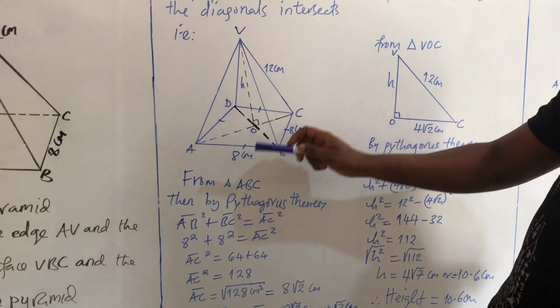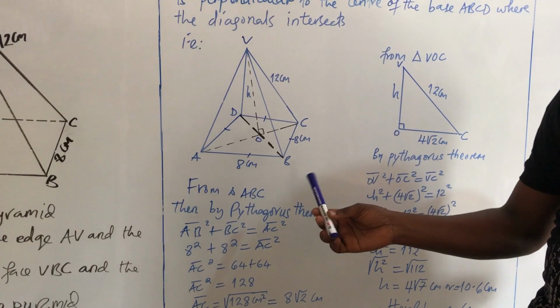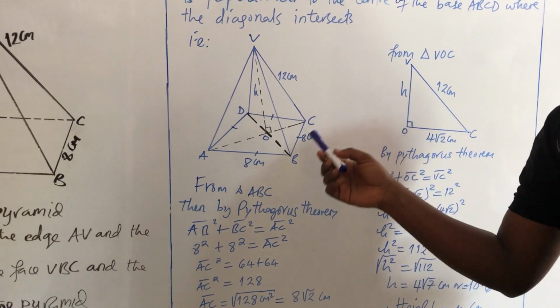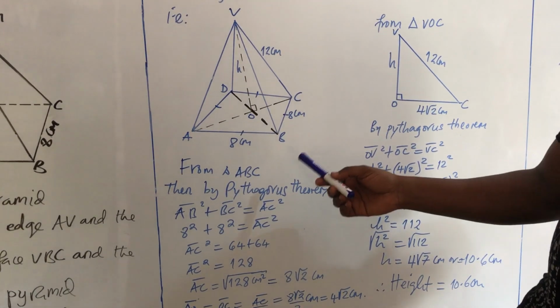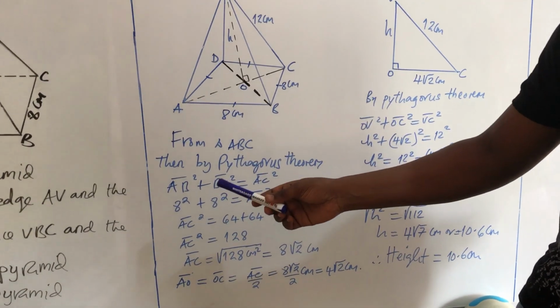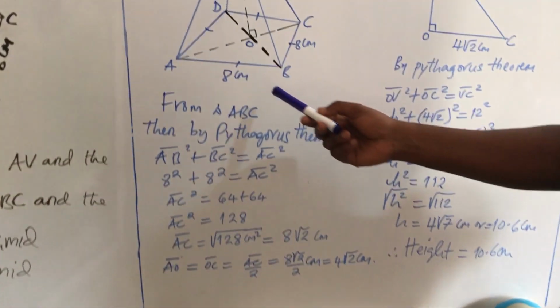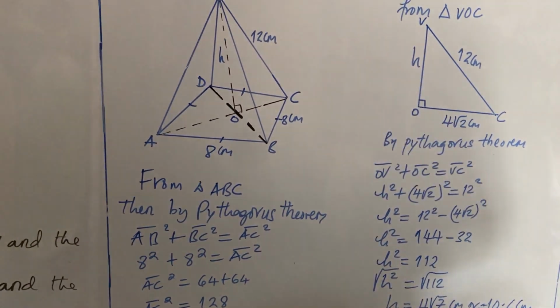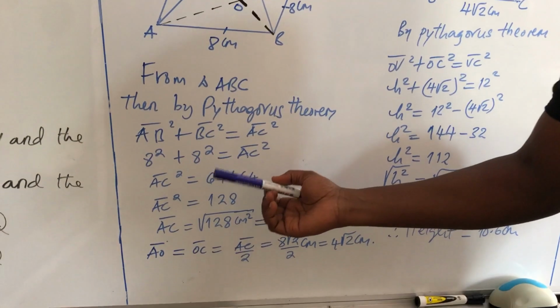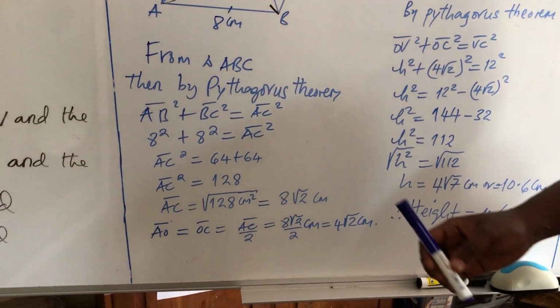Now from triangle ABC, we need to know the dimension of the diagonal AC. We can use this triangle ABC by Pythagoras theorem: AB square plus BC square equals AC square. So 8 square plus 8 square equals AC square.